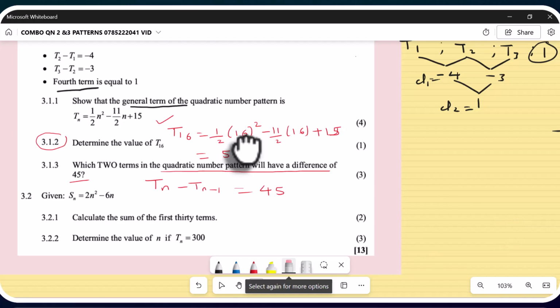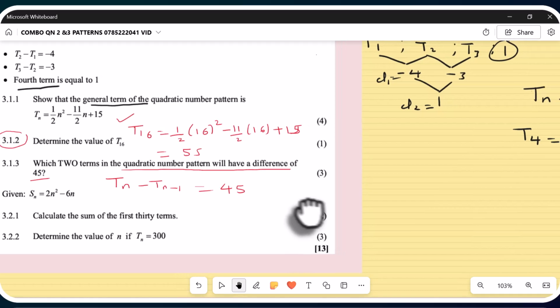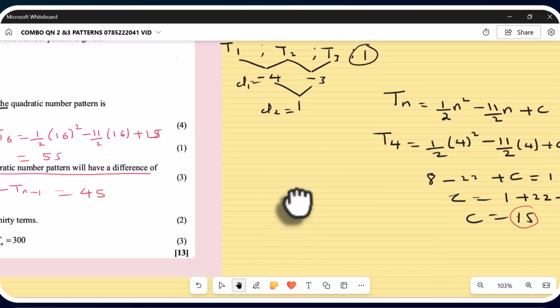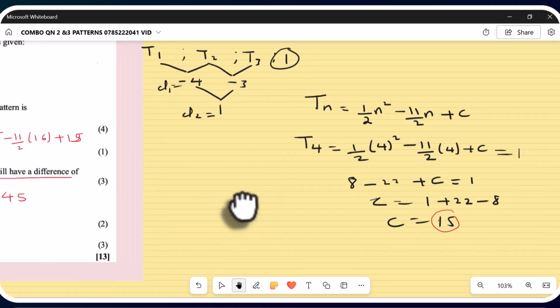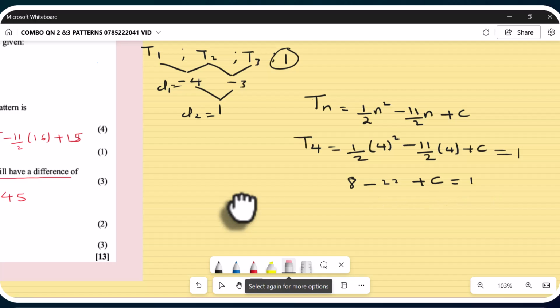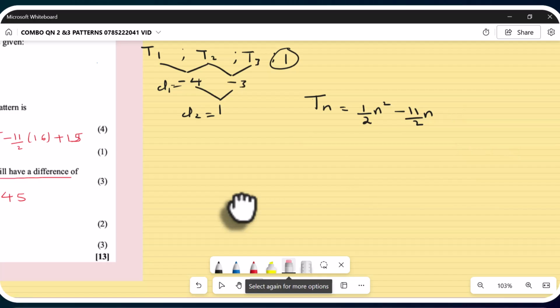This is very important because it makes things simpler for you. Here I'm going to put small t in my tn for the first differences.